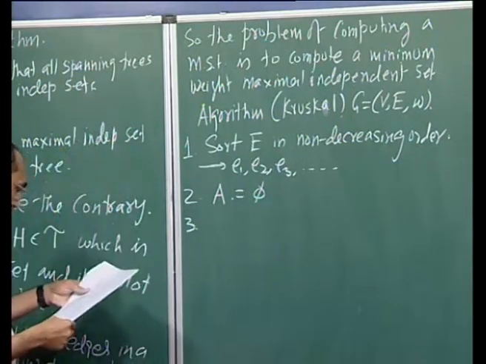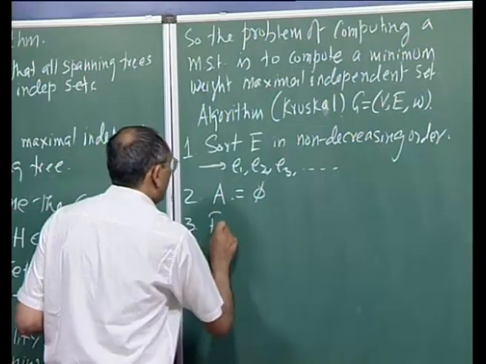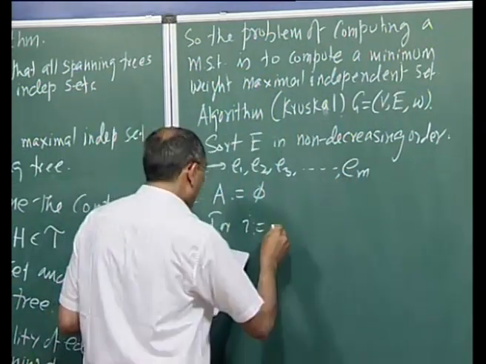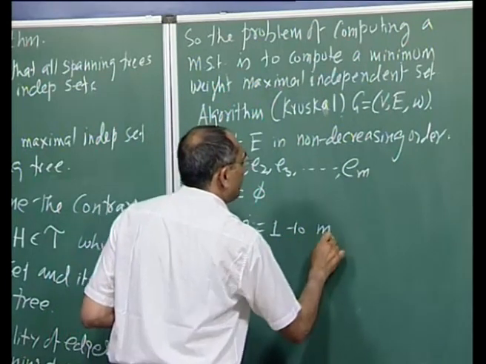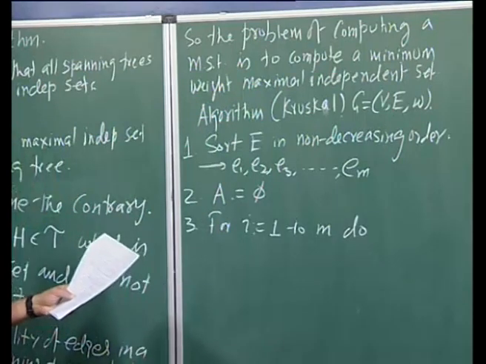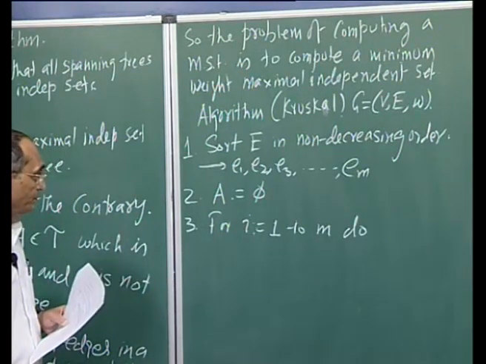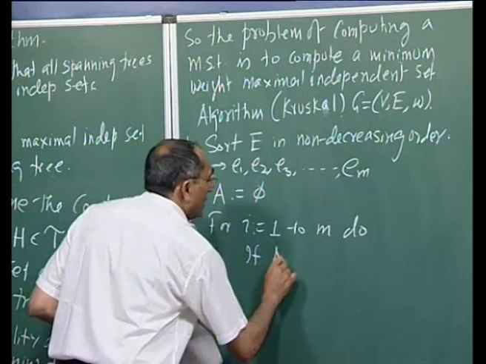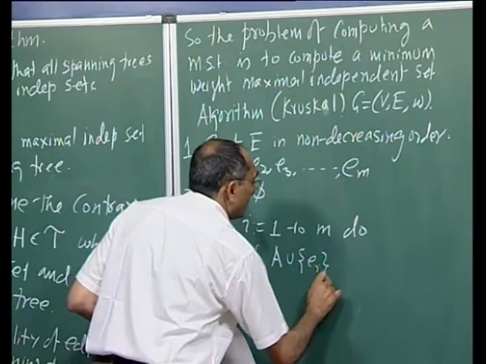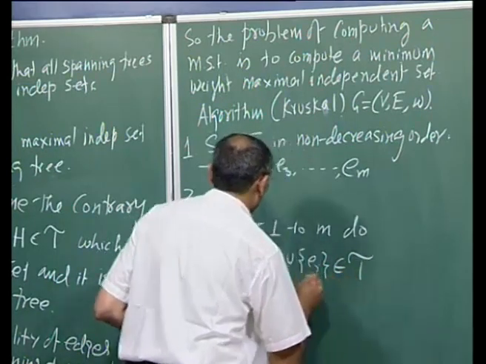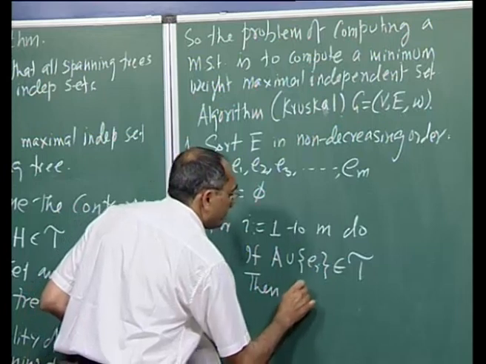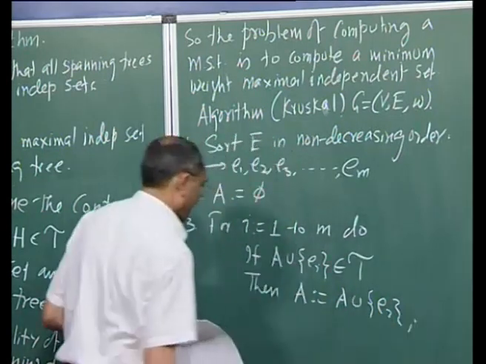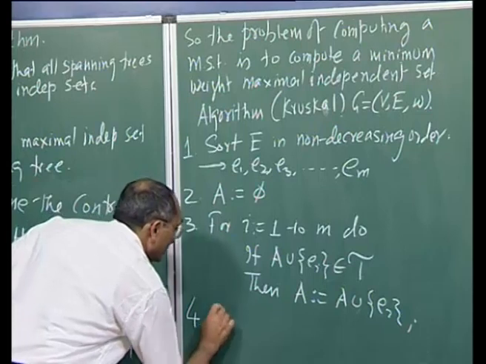And now, let's say there are m edges. So for I equal to 1 to m, do: if A union EI belongs to script T, then, and finally return.